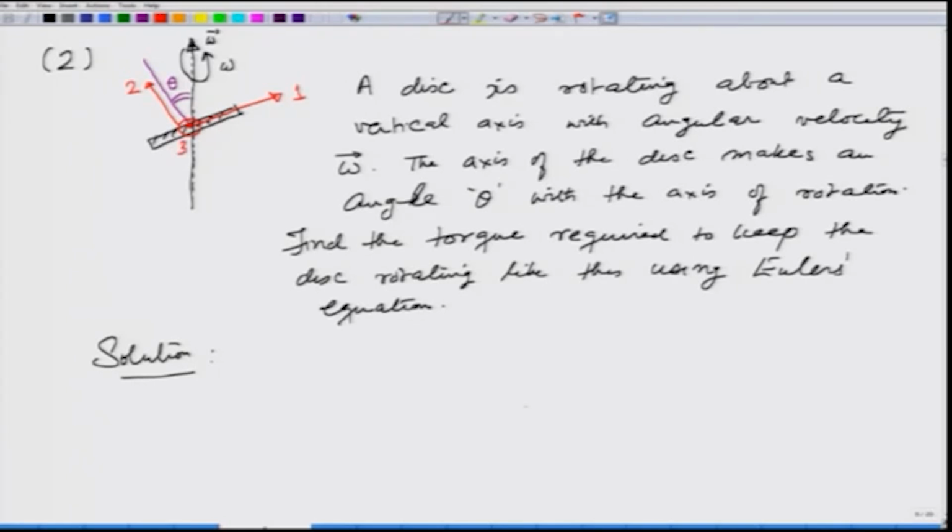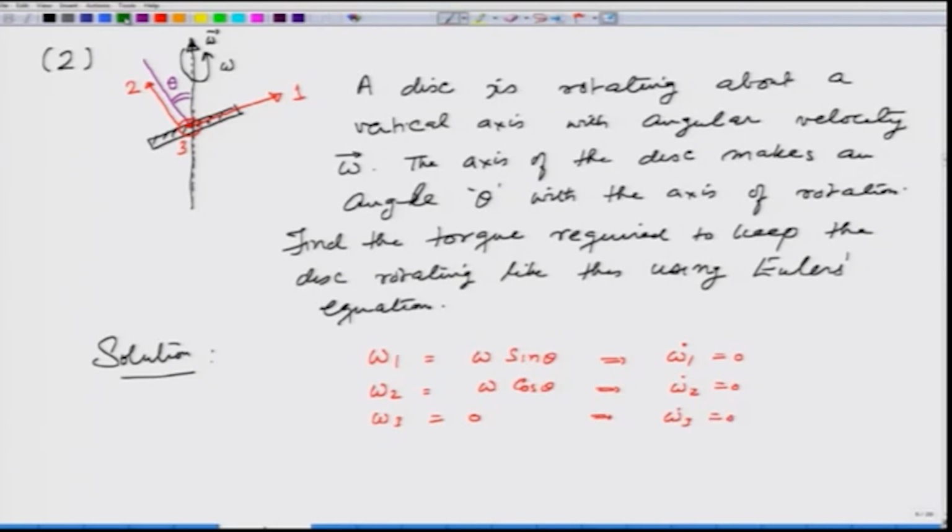As the disk rotates, obviously these axes are rotating, but what remains the same is that omega 1, that is a component of omega along axis 1, is omega sine of theta, and this gives me omega 1 dot is equal to 0. Omega 2 is equal to omega cosine of theta, and this gives me omega 2 dot is equal to 0. Omega 3 always remains 0, and this implies omega 3 dot is also 0.